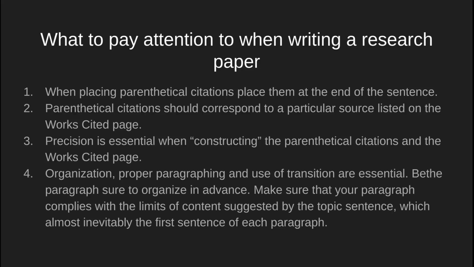Now, again, I just want to review what to pay attention to when writing a research paper. First, when placing parenthetical citations, place them at the end of the sentence, nothing in the middle. Even if your quote ends in the middle of the sentence, the parenthetical citation belongs at the end. Parenthetical citations should correspond to a particular source listed on the Works Cited page.